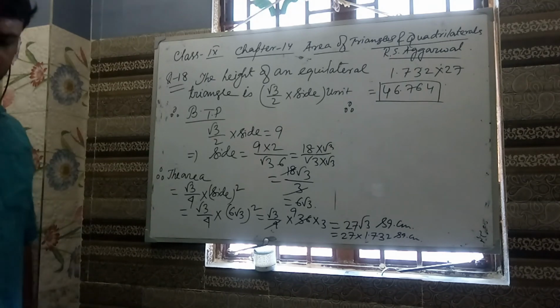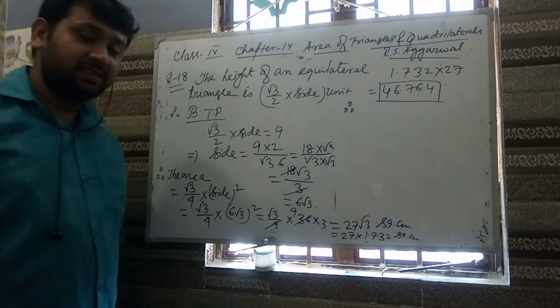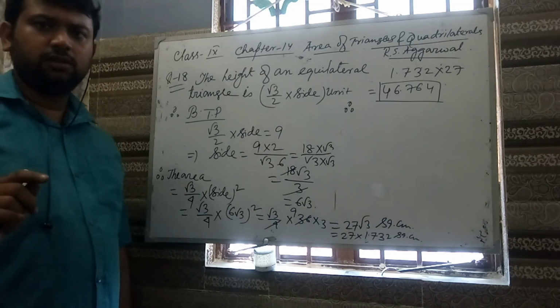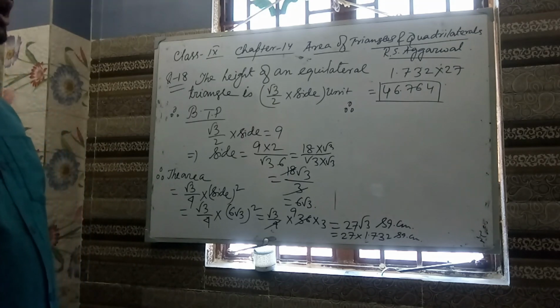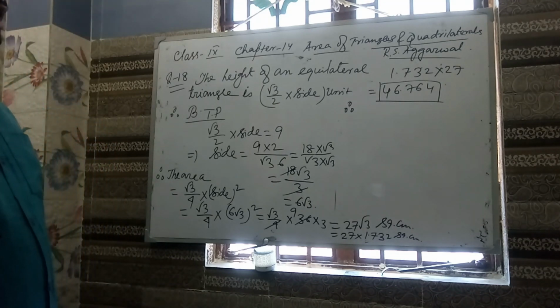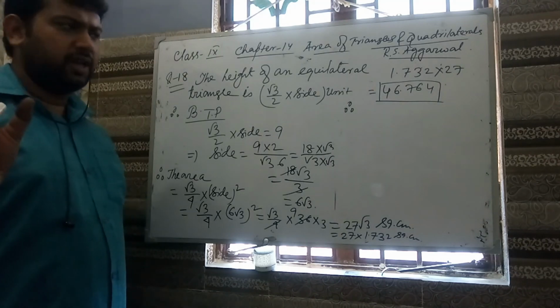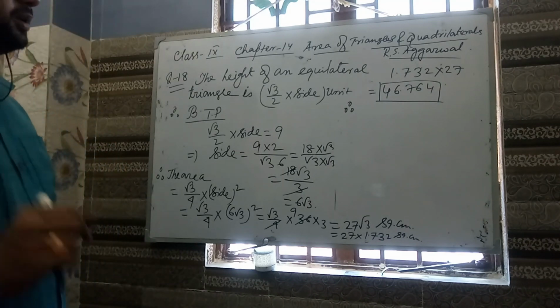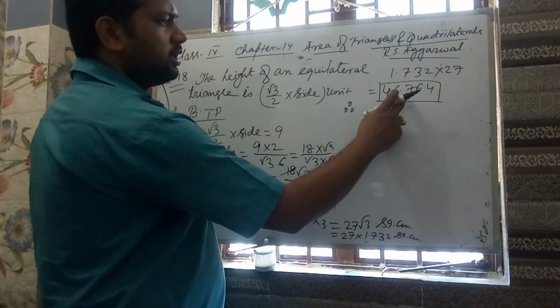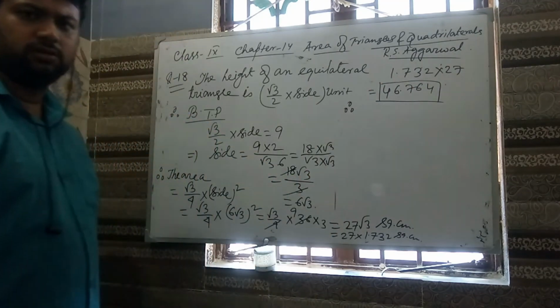Now read the question once again, the last line. Find the area correct up to 2 places of decimal. Underline this phrase, correct up to 2 places of decimal. That means here our result is up to 3 places of decimal.